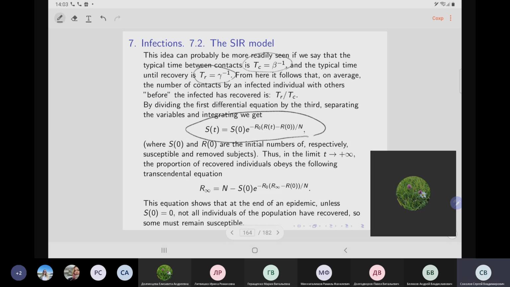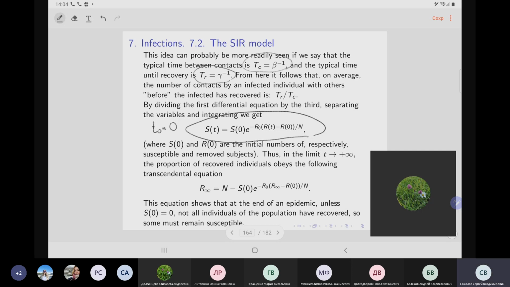The initial moment we consider 0, and the initial values are S of 0 and R of 0, the initial number of susceptible and removed. So it is our formula for susceptible and removed.